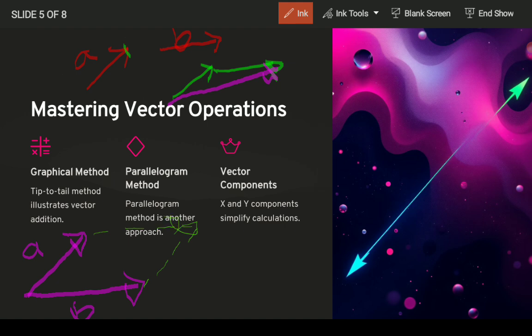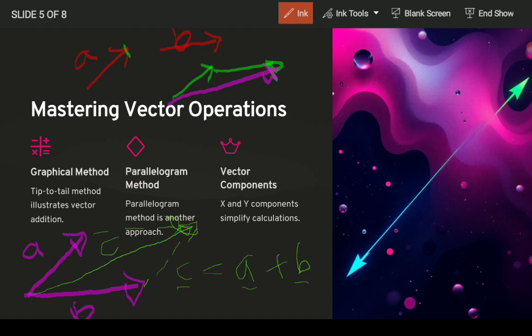The diagonal of this parallelogram represents the sum of A and B. You can call it C. Vector C is equal to vector A added to vector B. This is called the parallelogram rule, an easier way to add vectors.